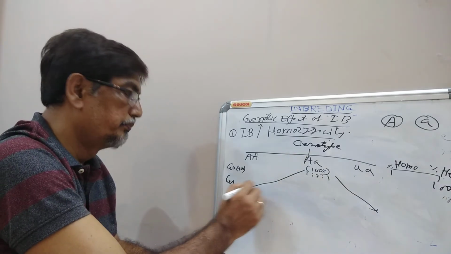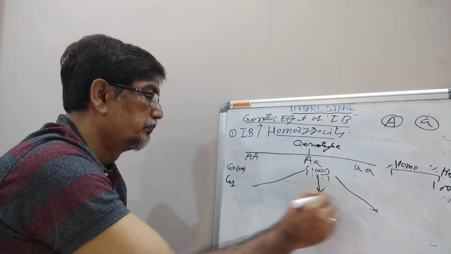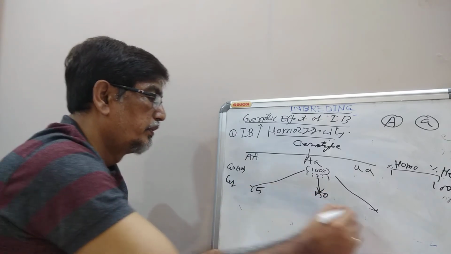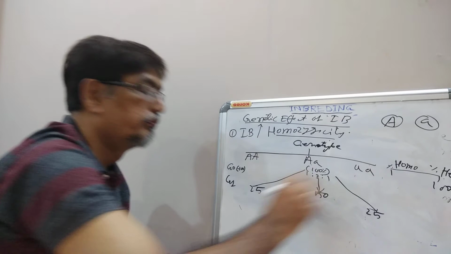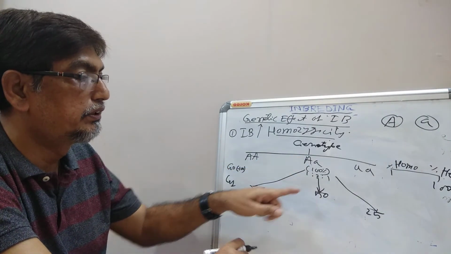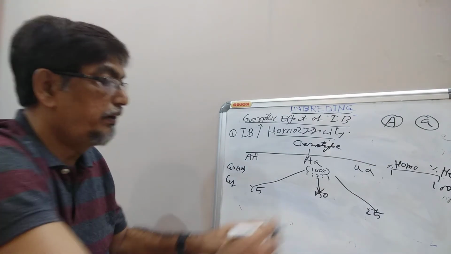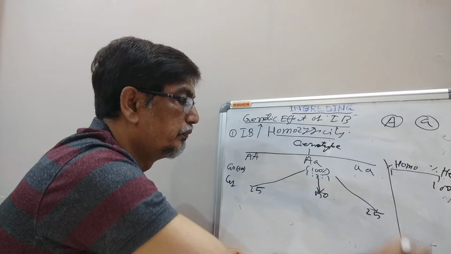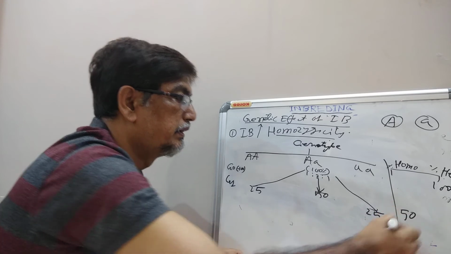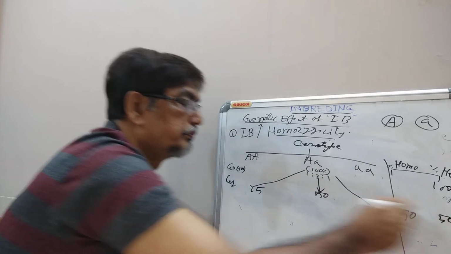So it will be 50, it will be 25, it will be 25. So after one generation of self-fertilization, homozygosity will be increased by 50%, and heterozygous will be decreased by 50%.